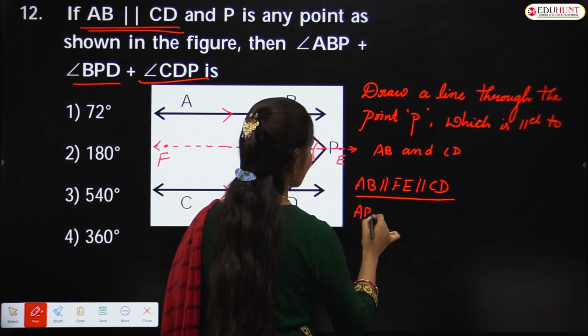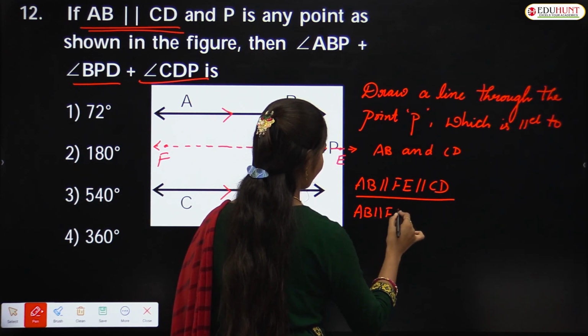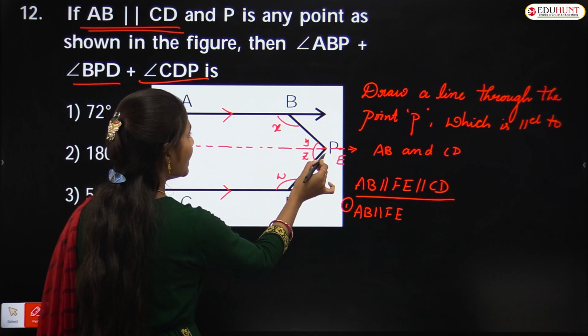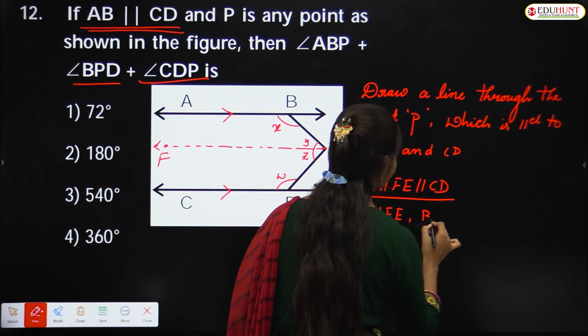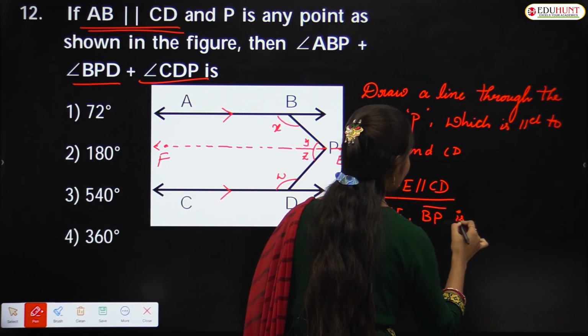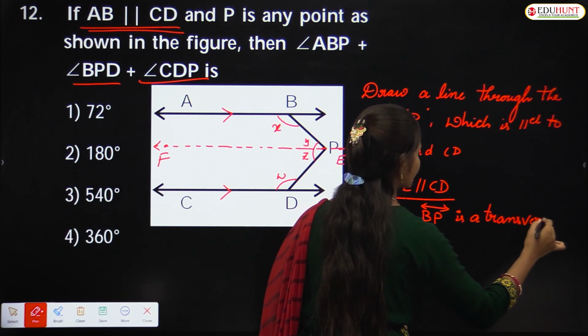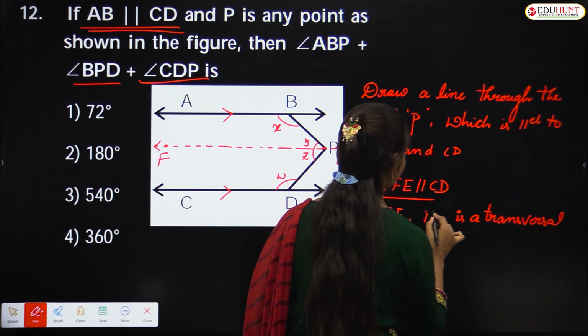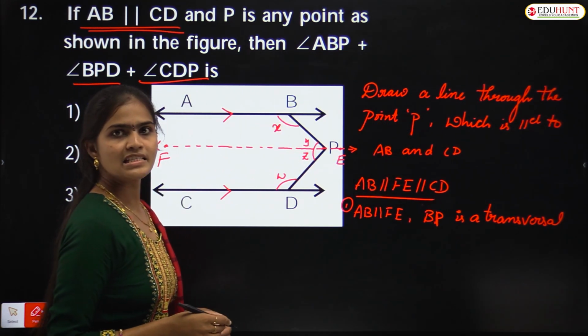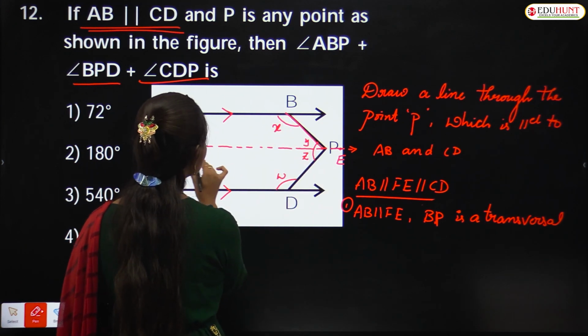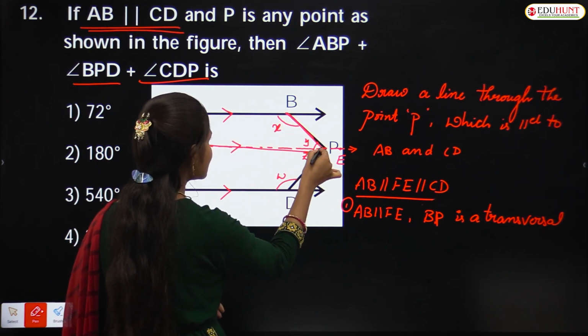First condition, AB is parallel to FE, and BP is a transversal. These two lines are parallel and this is a transversal.